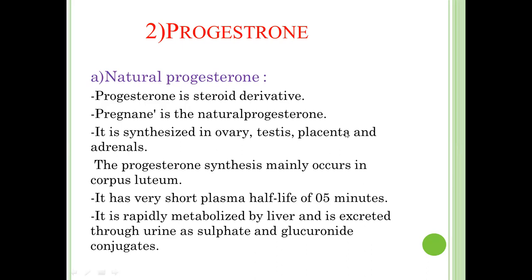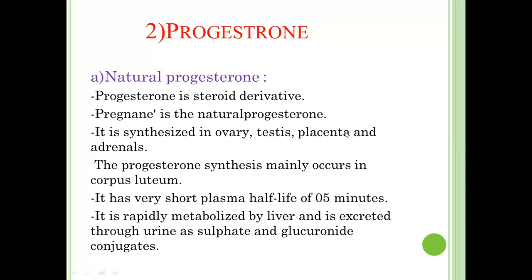So the corpus luteum is a mass of cells that forms in an ovary, and it is responsible for the production of hormones such as progesterone during early pregnancy. The role of the corpus luteum depends on whether or not fertilization has occurred. The progesterone synthesis mainly occurs in the corpus luteum.